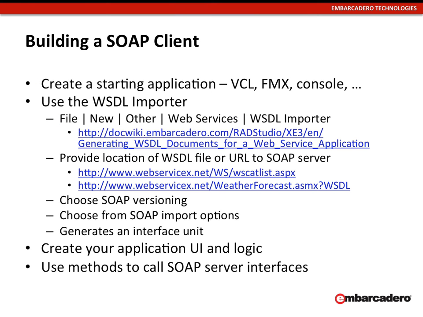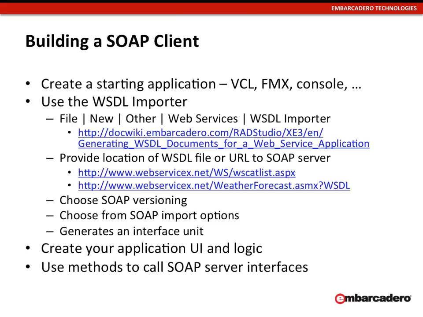So creating a client application, we can do that with VCL, we can do it with FireMonkey, we can do it with a console application, we could do it in a web broker application. Any type of application you can create with RAD Studio, you can pretty much create a client for calling SOAP.